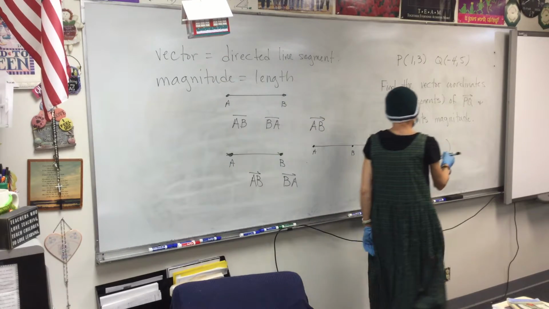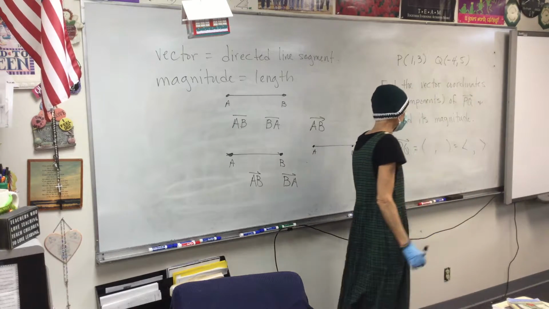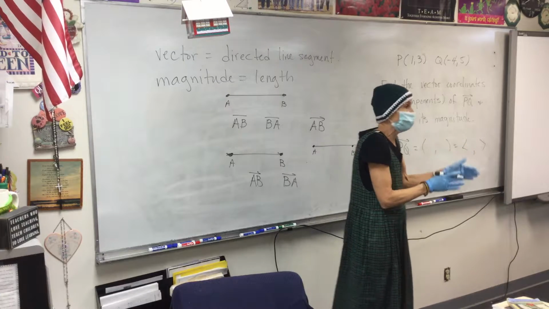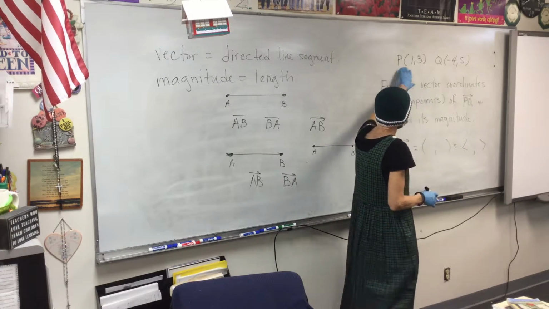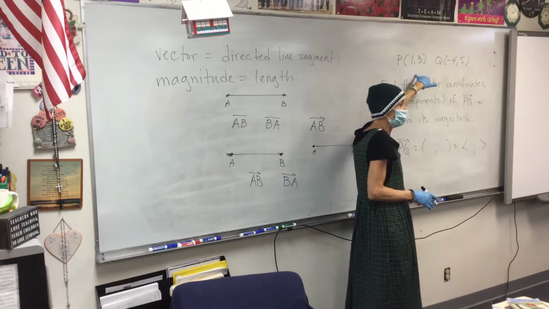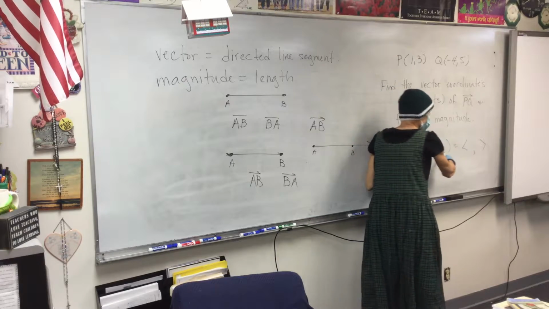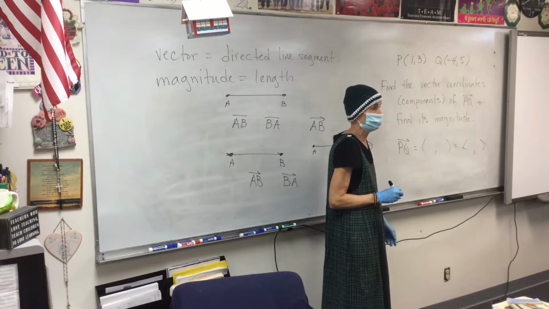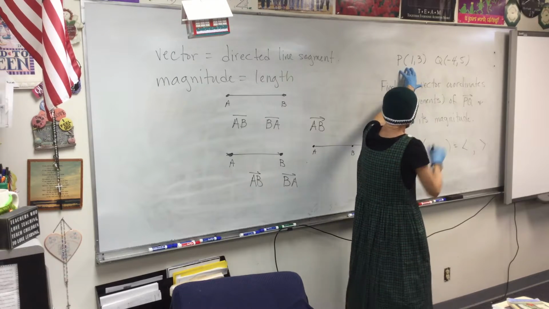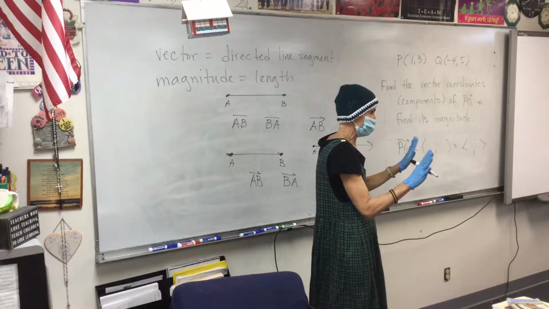Some textbooks write them like this. And the reason they use that notation is to distinguish it from an ordered pair. When I see this, I recognize, just because the way it's written, this is point P. This is a point. But down here, that same notation is going to represent a vector. Now, this is the vector that starts at P and stops at Q, right? So think about this.